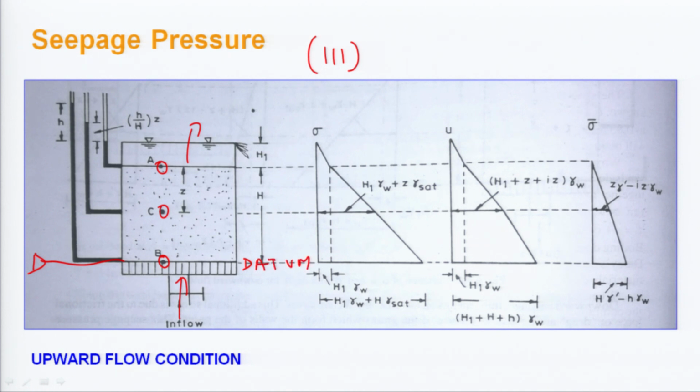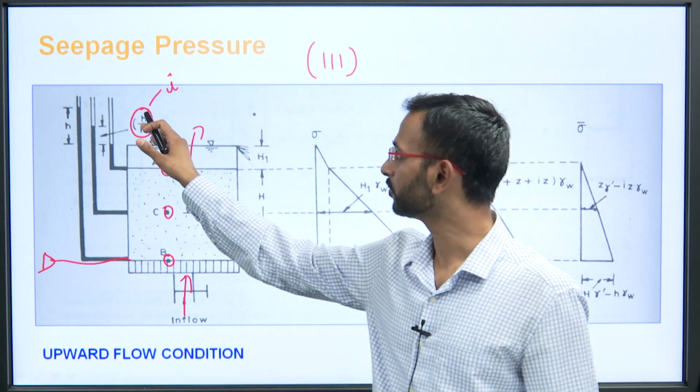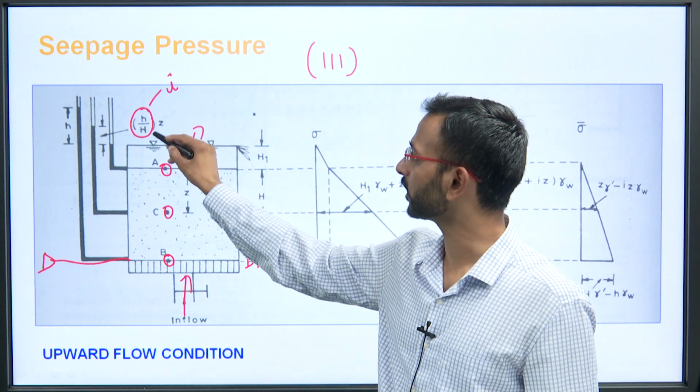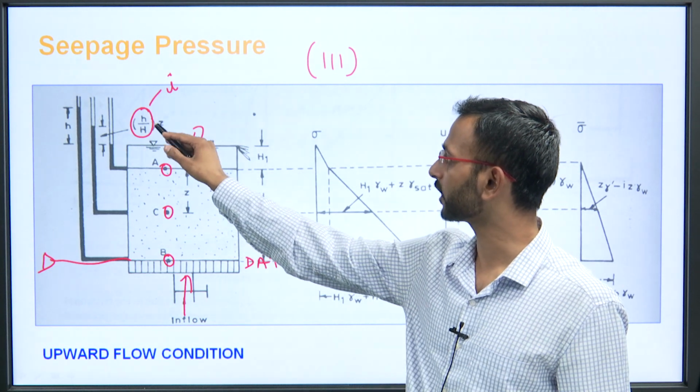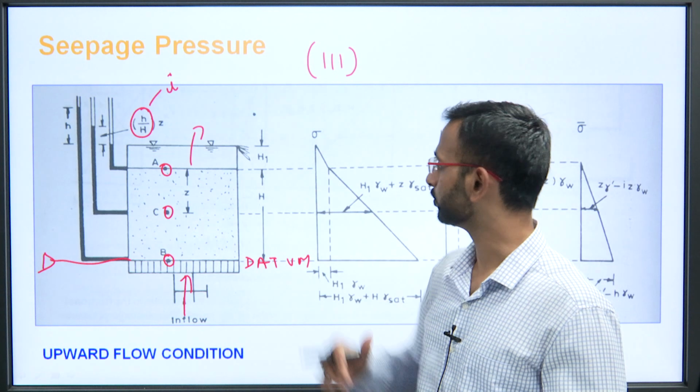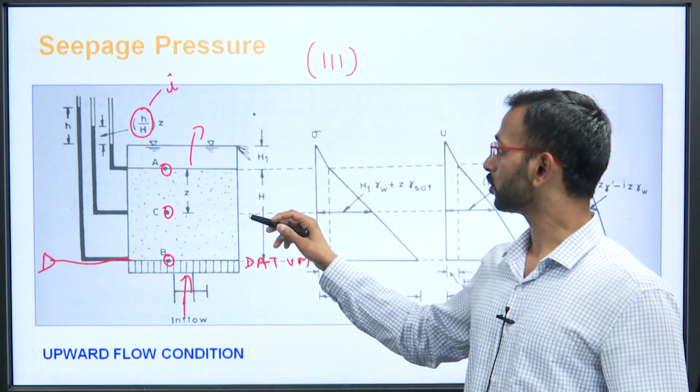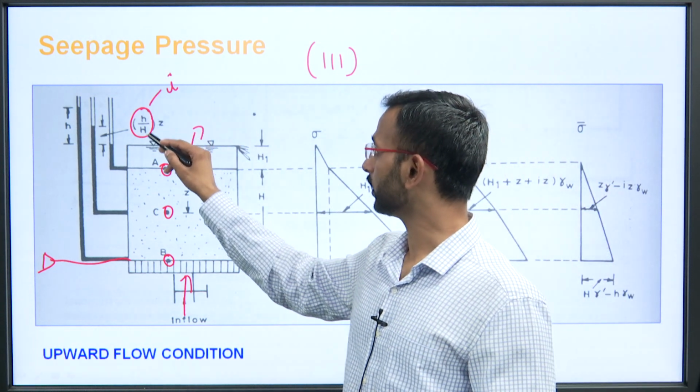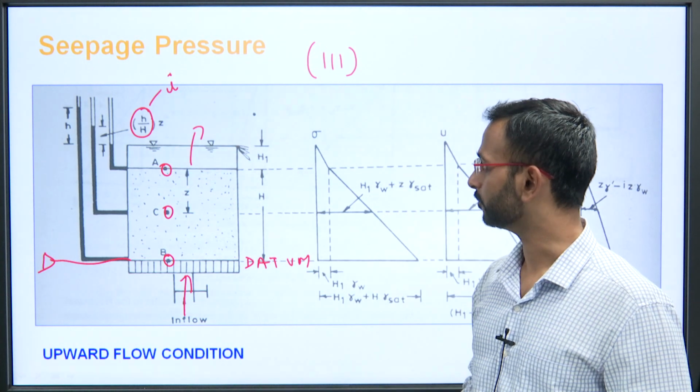If the water flows in here, we will be taking the piezometric head like this, H. This portion is I, that is the hydraulic gradient. If we consider some small h with respect to the total capital H, the total height of the flow, the hydraulic gradient is small h by capital H into Z.